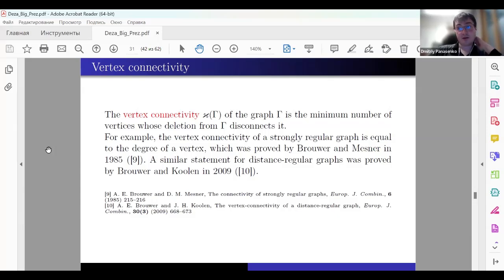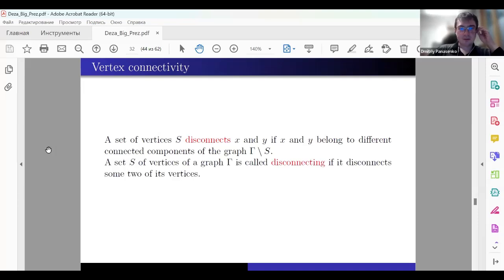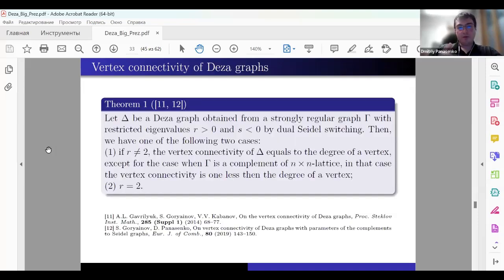Then it's a natural question to ask, what about the other type of generalization of strongly regular graphs? These are Deza graphs. How big or how small can the vertex connectivity be? Let's skip this slide. So this is a result for Deza graphs in general.